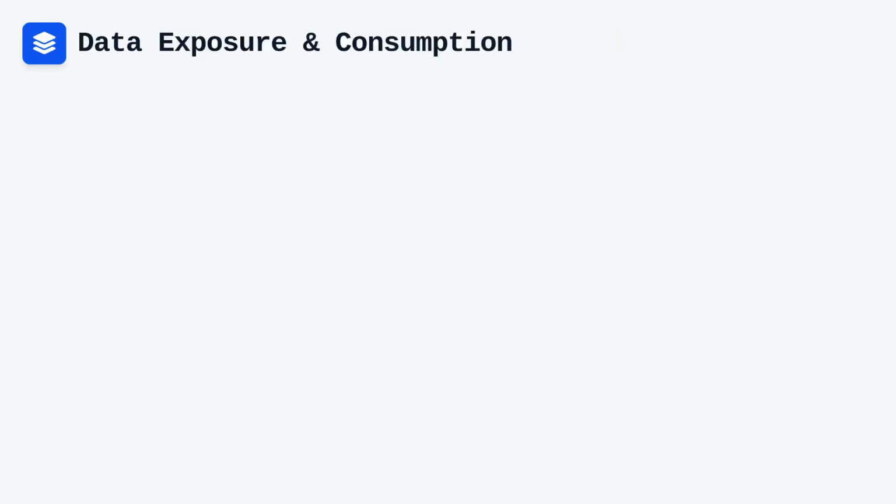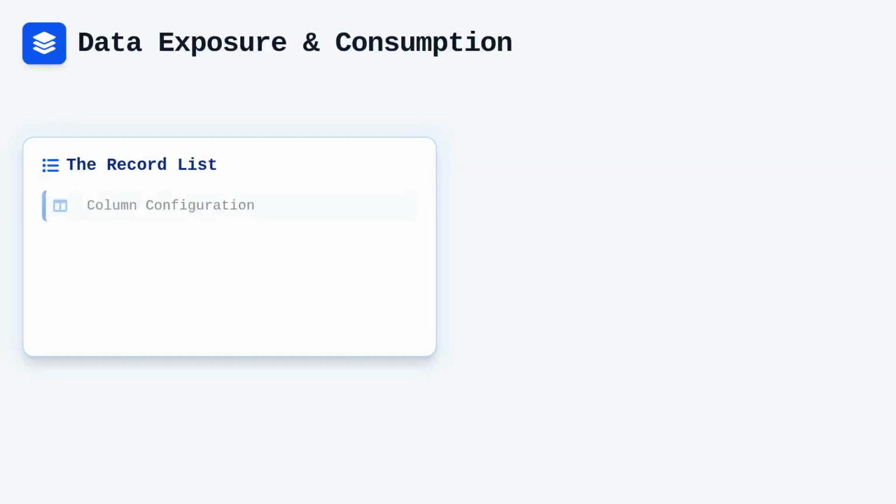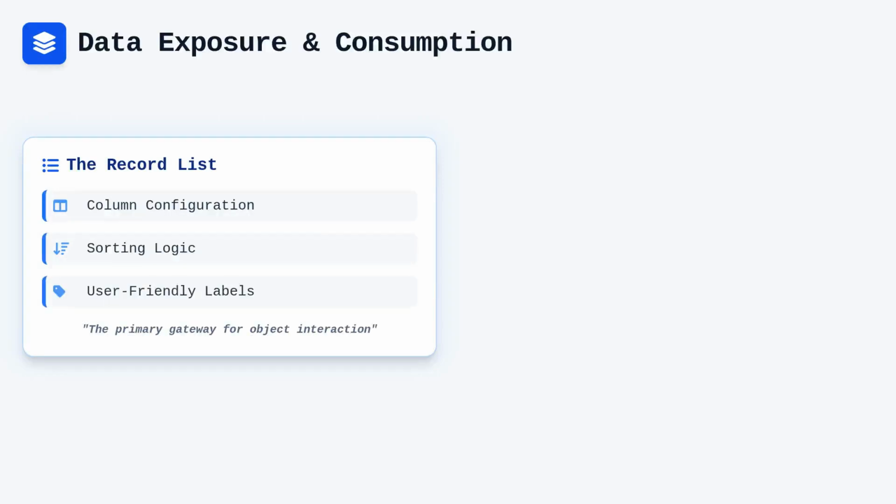Once the data source is established, the focus naturally shifts to how that information is exposed and consumed by end users through the record list and the record header. The record list serves as the primary gateway for users to interact with a collection of objects, requiring thoughtful configuration of columns, sorting, and user-friendly display labels.